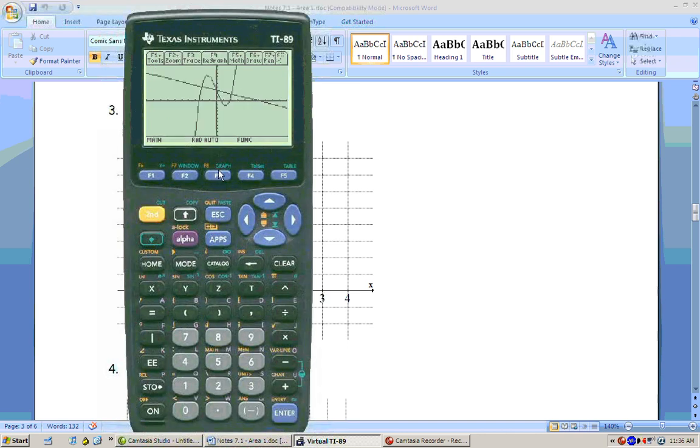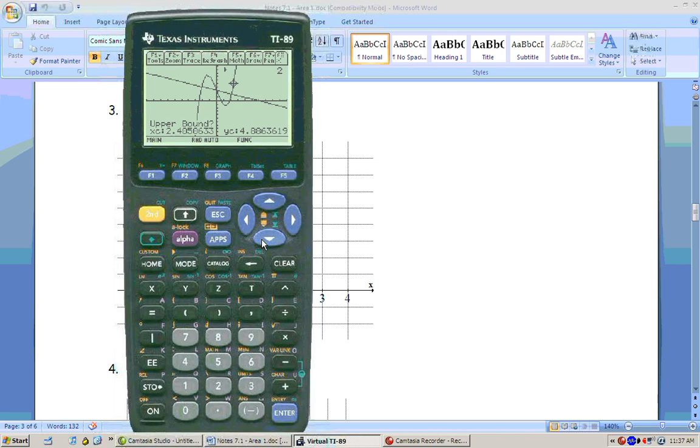Okay, go back to your graph. This point of intersection in the middle is 0, 3. I'm just going to tell you that; you could have found it. Okay, find that final point of intersection. So F5, 5. First curve, enter. Second curve, enter. I am lower bound or left, enter.